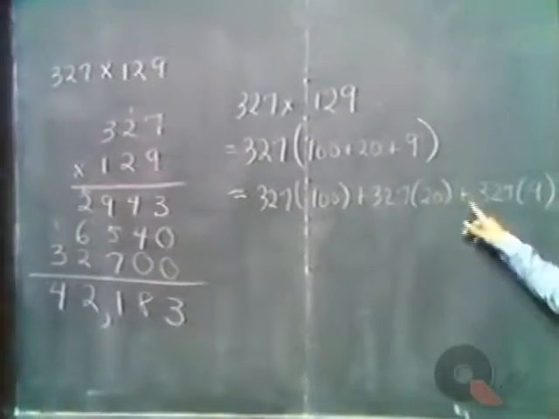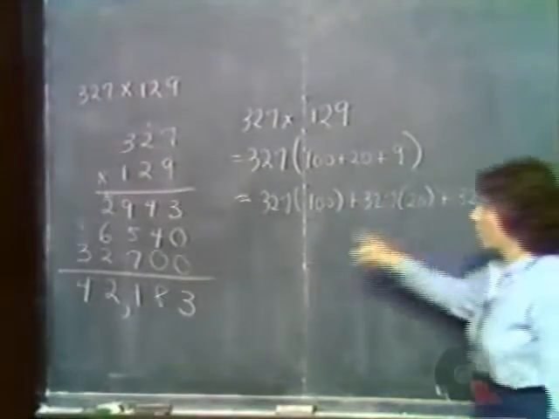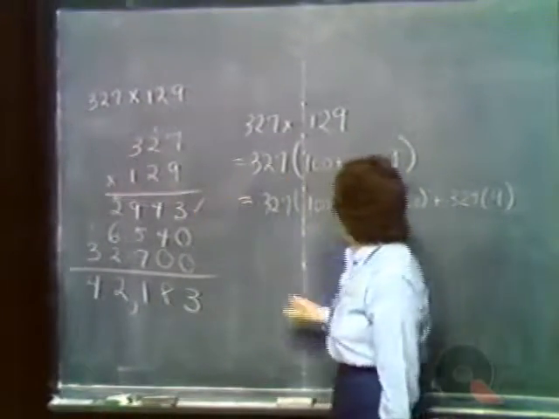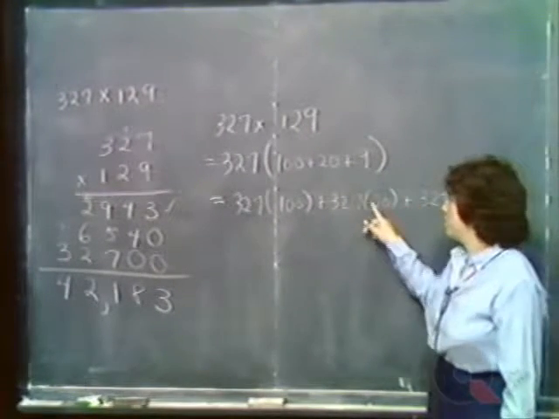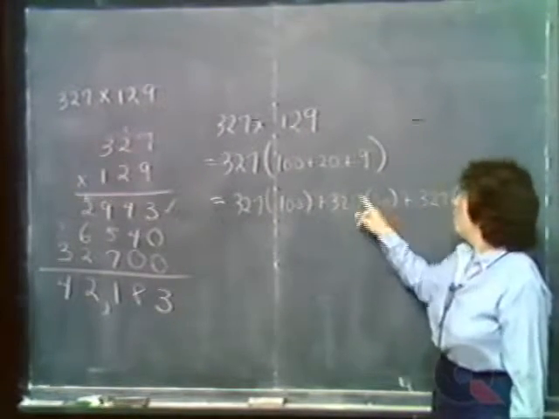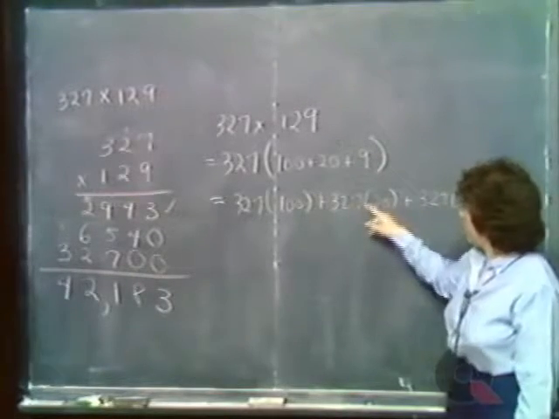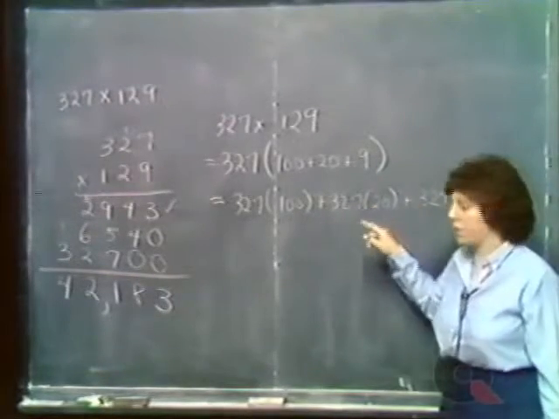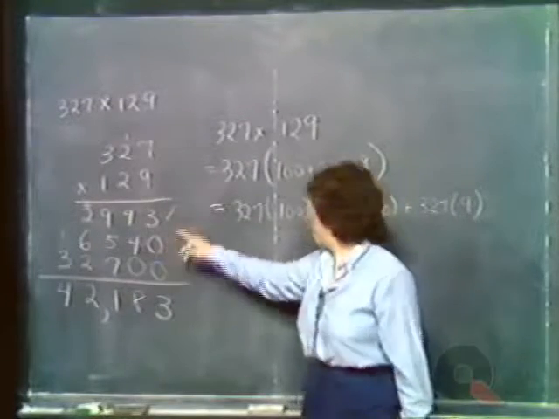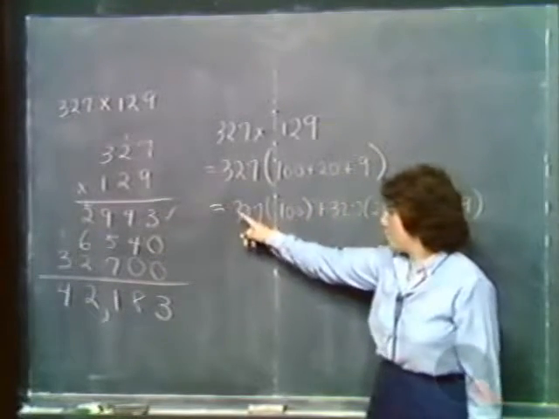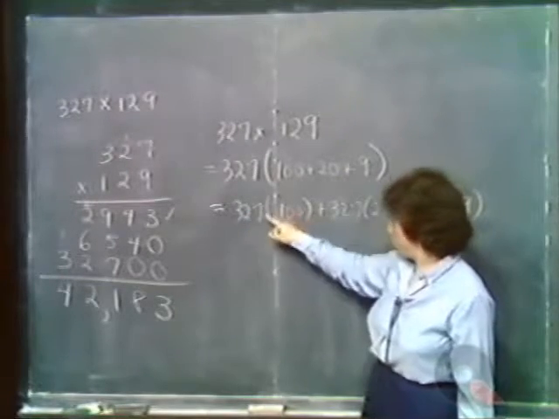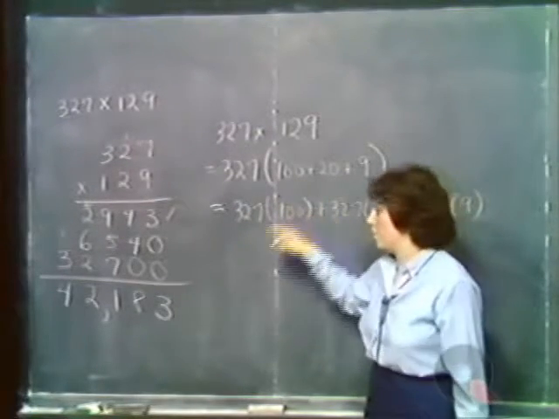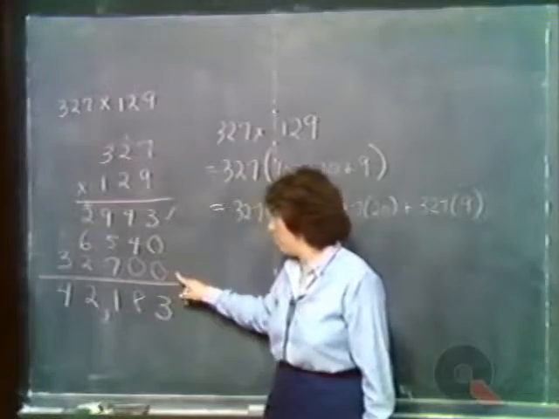So the first thing we did was 327 times 9, and we wrote the answer over here. Then we needed 327 times 20. What we did is 327 times 2. If you wanted to then multiply by 10, put a 0 at the end of the number, and that's what we have here. Similarly, we did 327 times 1, but we really needed times 100, so you would add 2 zeros to the right of the number.